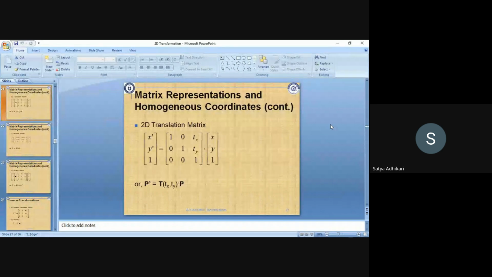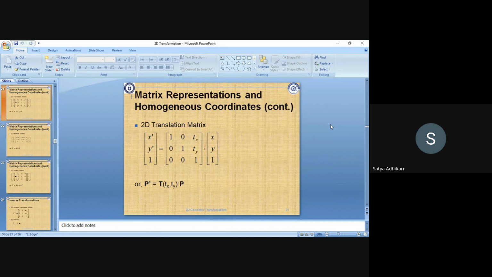If you multiply the two matrices on the right hand side, you will get x dash equal to x plus tx, y dash equal to y plus ty, and 1 equal to 1. You will get the same output, but here we are able to represent this matrix in a 3D form, in a homogeneous coordinate.